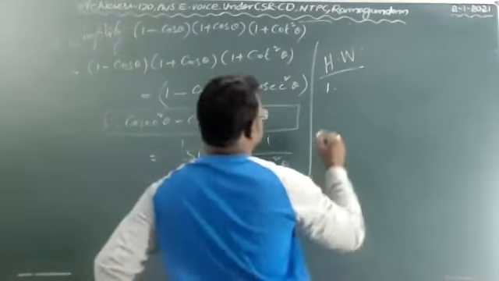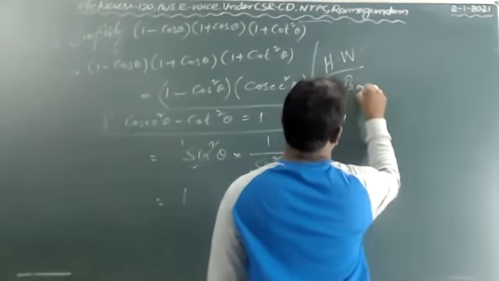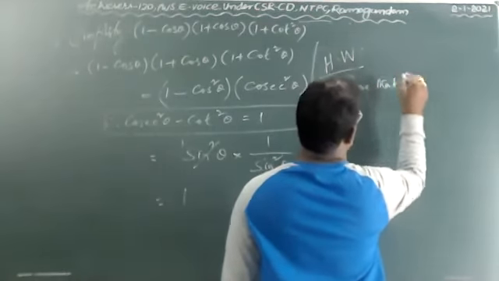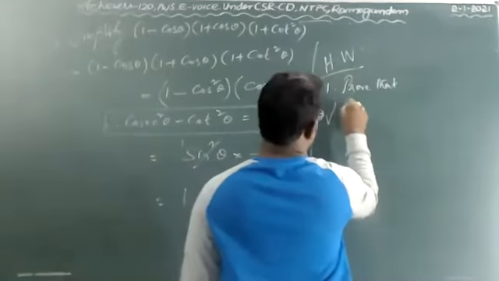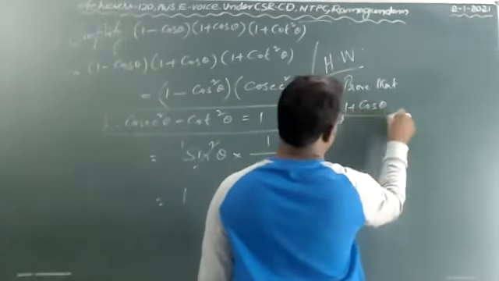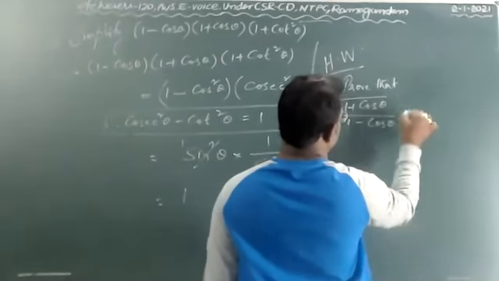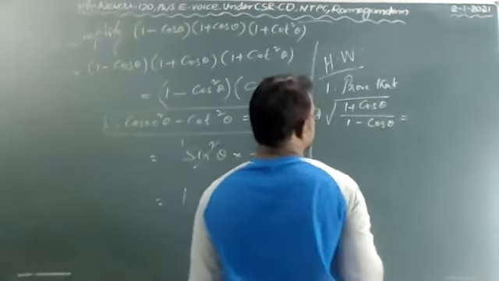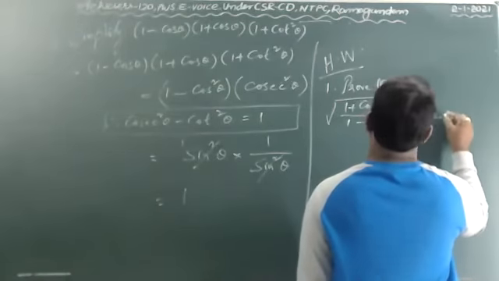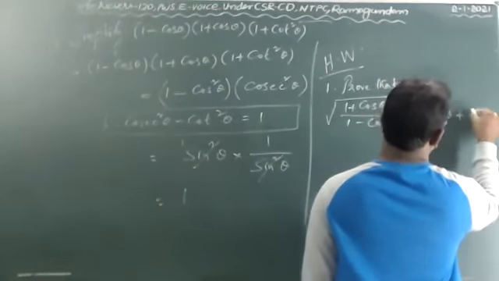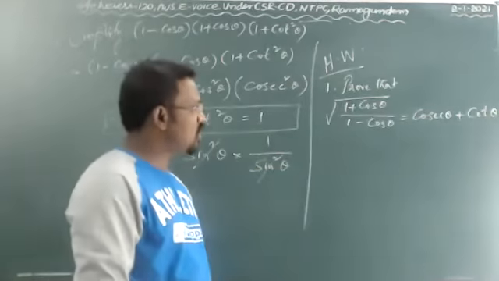First one: prove that root of 1 plus cos theta by 1 minus cos theta is equal to cosecant theta plus cot theta.